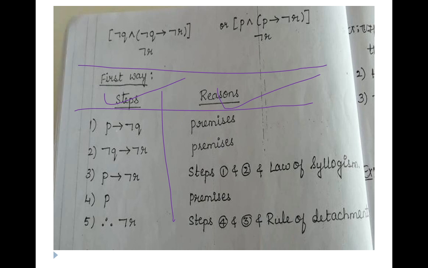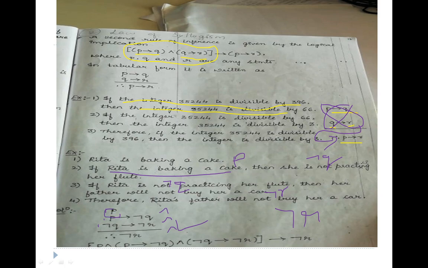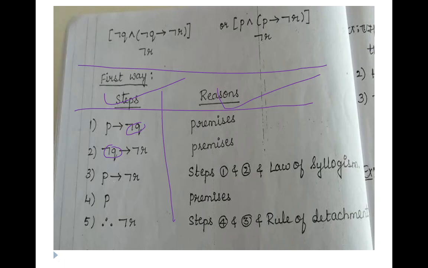Now compare these. We have learned two laws, the law of syllogism and the law of detachment. This is common, this is common, so I can take these two using the law of syllogism. This is the first premise, this is the second step. So from step 1 and step 2, applying the law of syllogism, I get P implies negation of R. Once it is done, the next one left out is this premise, so I'll write it here.